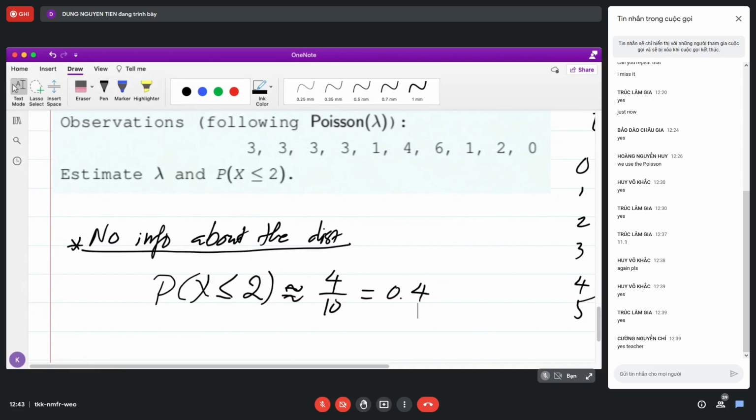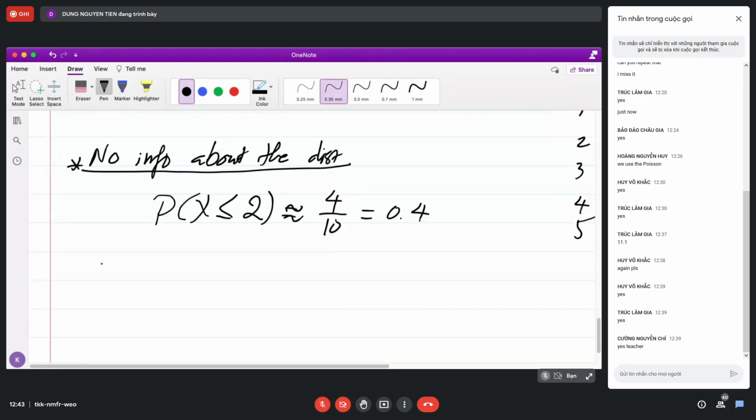What do you think? Well, first of all, you need to estimate the parameter lambda. And we knew that lambda is the mean of x, right? And that can be approximated by the average value.